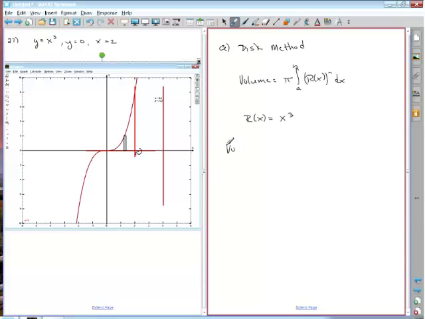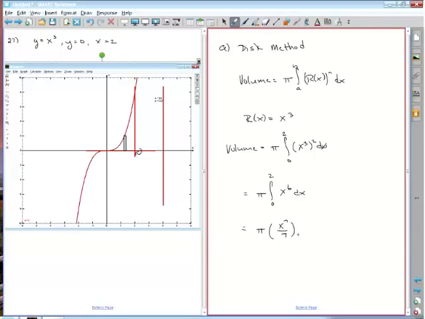So our integral for the volume is equal to pi times the integral from 0 to 2 of x cubed, quantity squared, dx. Multiply things out inside the integral sign, so we get x to the 6th dx. When we integrate that, we get x to the 7th over 7.